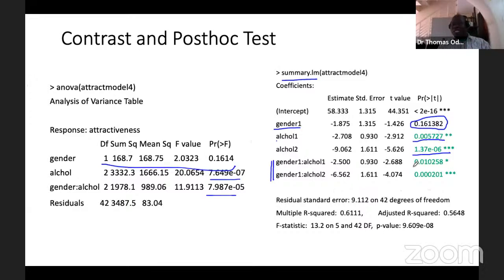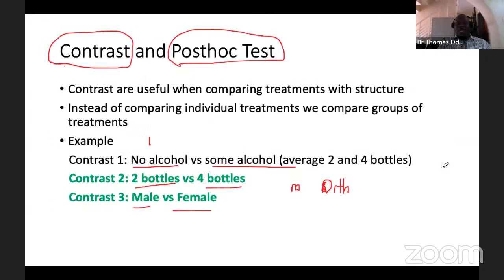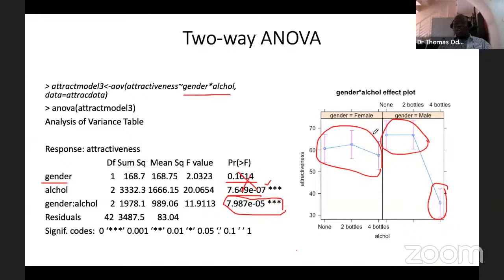So that means if you look at the male versus the female, when you're comparing none versus some alcohol, there's interaction with the gender. That means the comparison within the male will give you a different result from the comparison within the female. Remember, when we went back here, we saw that within the female, there was no difference. Within the male, there was a difference.